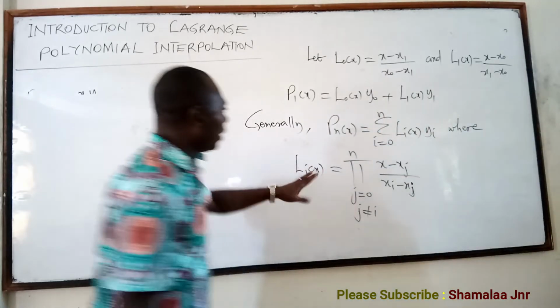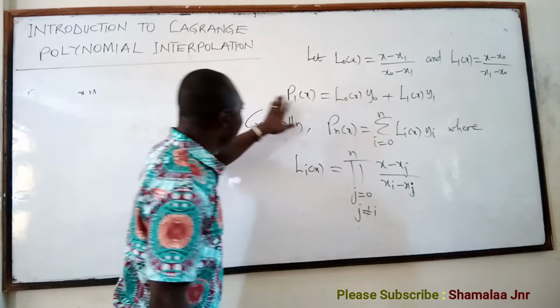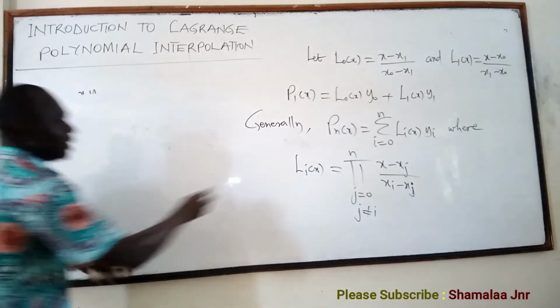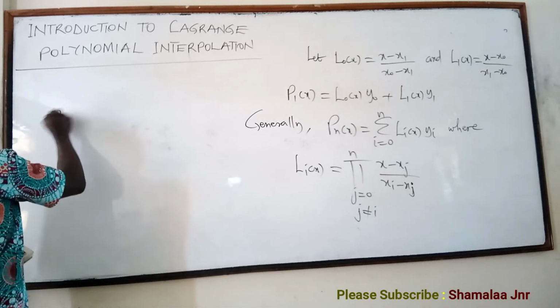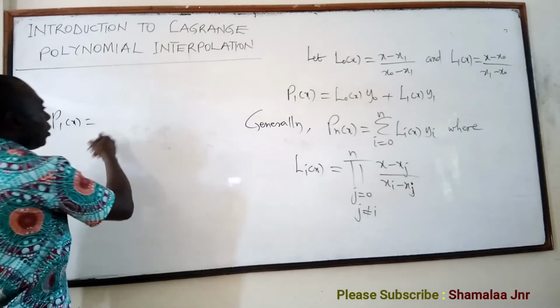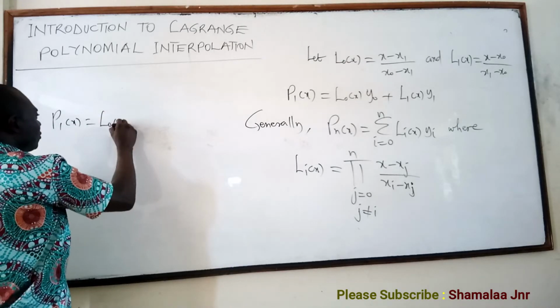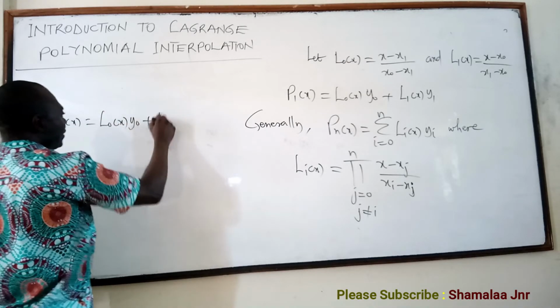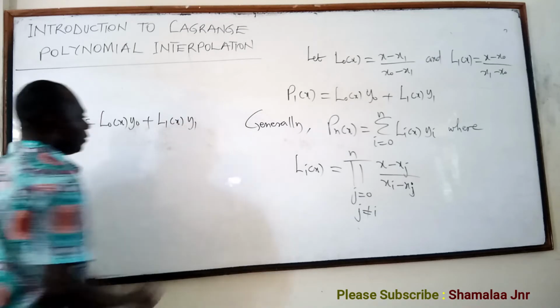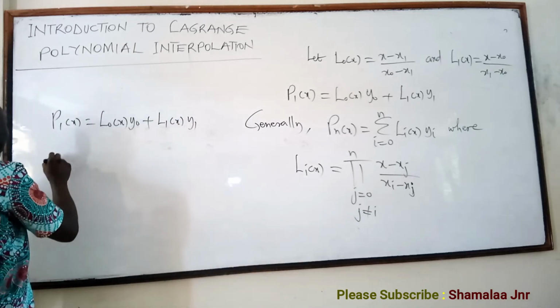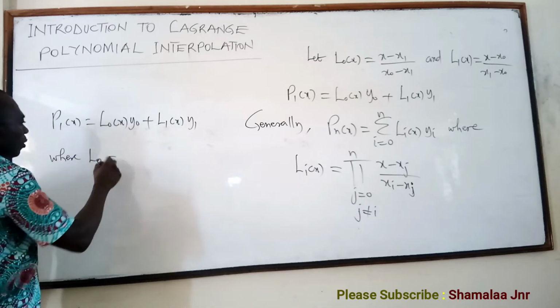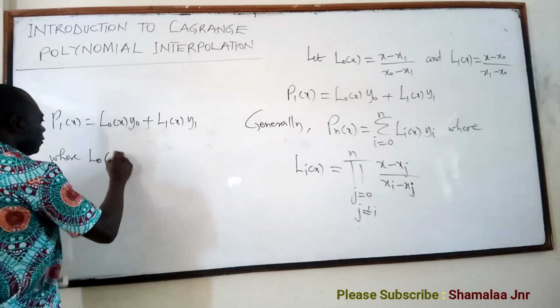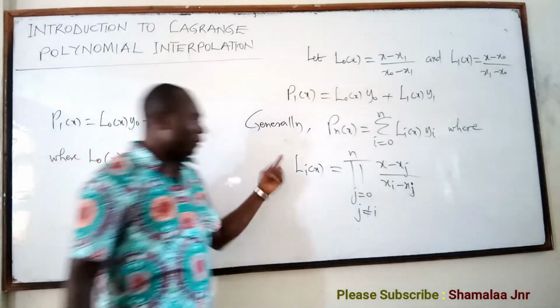Now we have a polynomial of degree 1. Then what you are saying is that P1 of x is equal to L naught of x, y naught, plus L1 of x, y1. What about L naught, where L naught of x is equal to, now let's look at the formula.